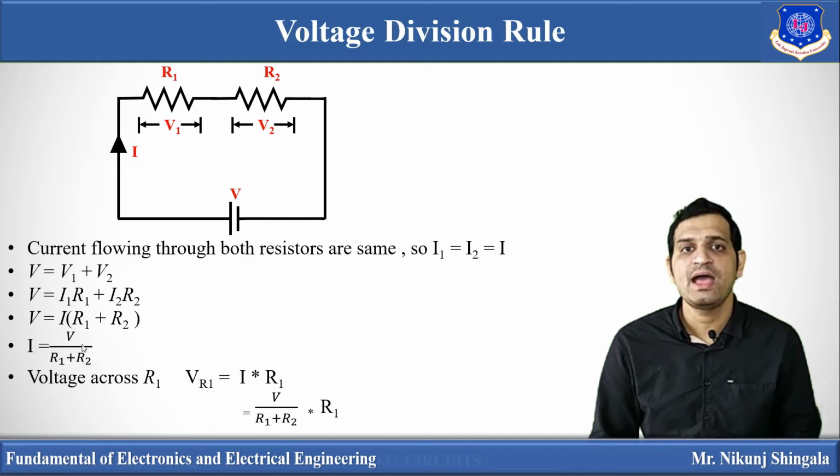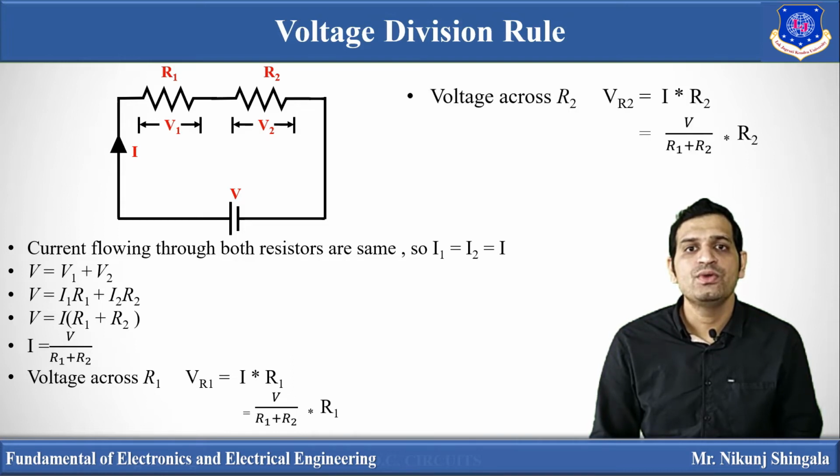Putting the value of I from this equation, we can write VR1 is equal to V divided by (R1 plus R2) into R1. Similarly, the voltage drop across R2 is also determined using Ohm's law, that is VR2 is equal to IR2, and putting the value of I from this equation, we can write VR2 is equal to V divided by (R1 plus R2) into R2.